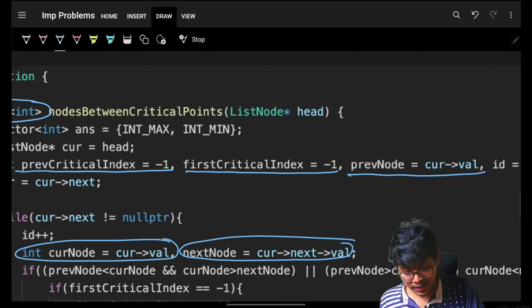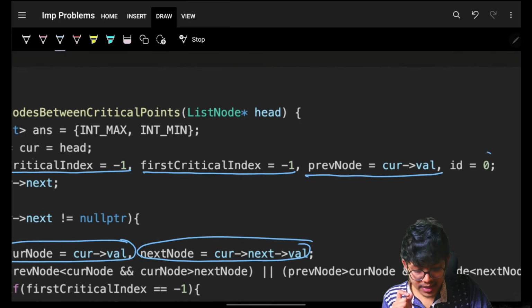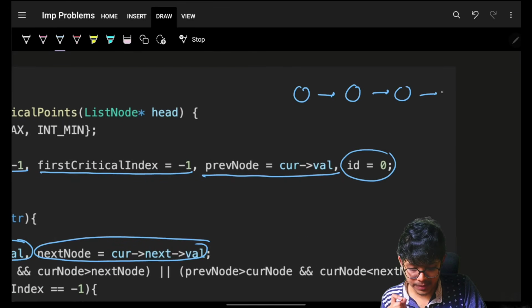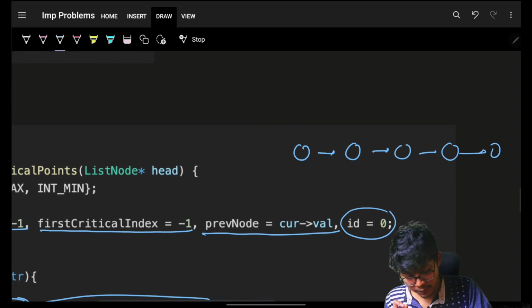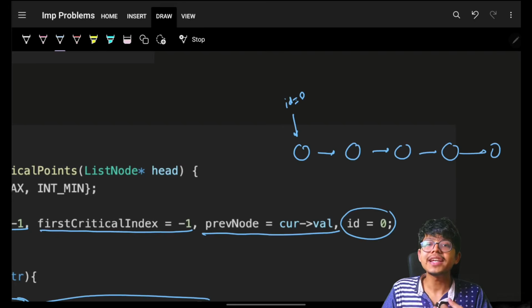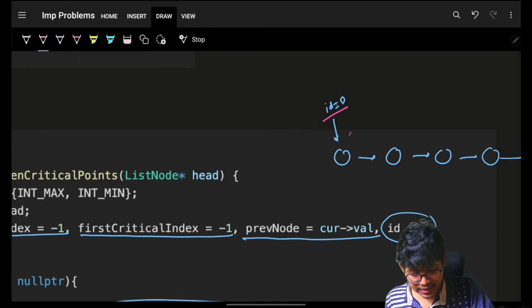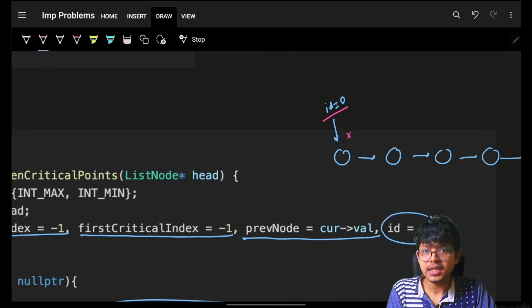And here, in the very beginning of my linked list, let's say the index is 0. Again, I'm just trying to infer that linked list as an array only. So if this index is 0, I know that this can never be my critical point.